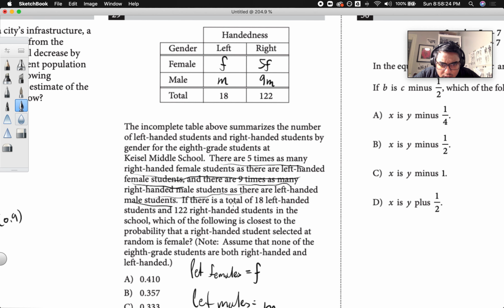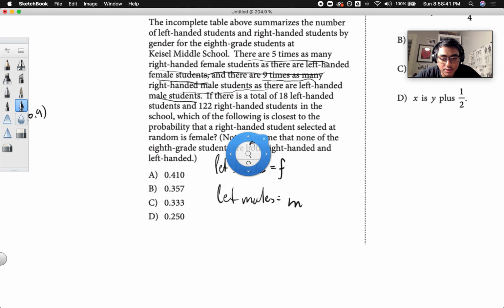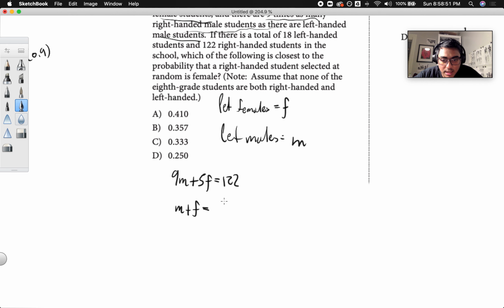Okay. If there's a total of 18 left-handed students and 122 right-handed students in the school, which of the following is closest to the probability that a right-handed student selected at random is female? Okay, so we can make 2 equations. Let's write it down. So 9M plus 5F is equal to 122, and M plus F is equal to 18.